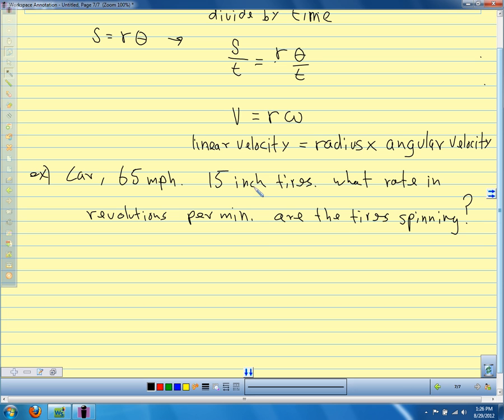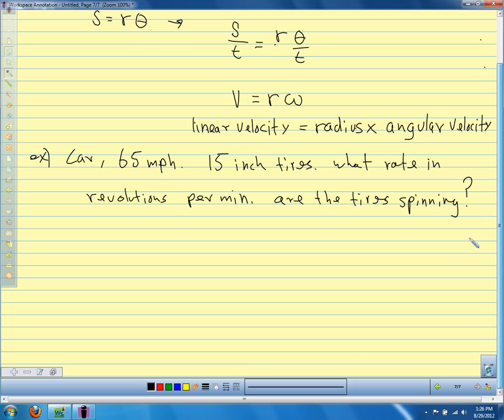So we have a linear velocity, 65 miles per hour, and our revolutions per minute has to do with our angular velocity. So a couple of things that we have to do here. We have 65 miles per hour, and our tires are 15 inches. So we need to get everything in the same units.